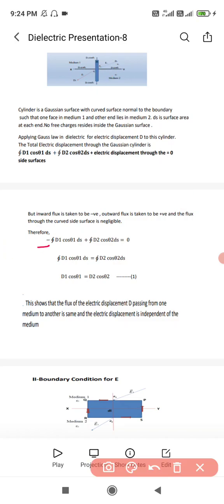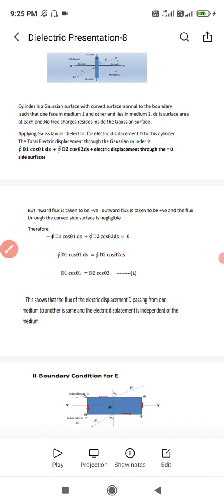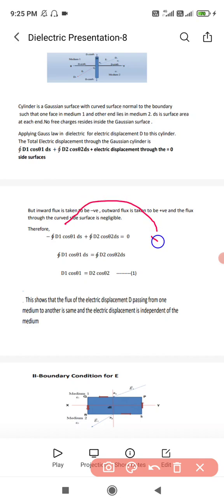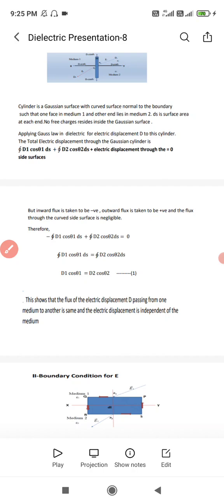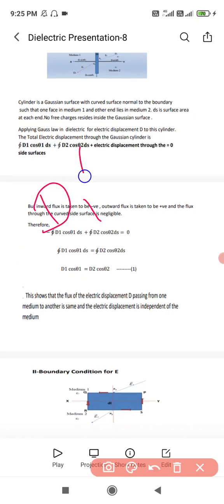Therefore, minus the surface integral of D1 cos theta 1 ds plus the surface integral of D2 cos theta 2 ds equals 0. So the negative term comes to the other side of the equation and becomes positive. Now we get the surface integral of D1 cos theta 1 ds equal to the surface integral of D2 cos theta 2 ds. The integral terms cancel, and finally we get D1 cos theta 1 equal to D2 cos theta 2.